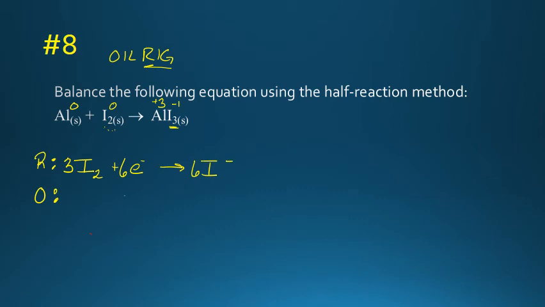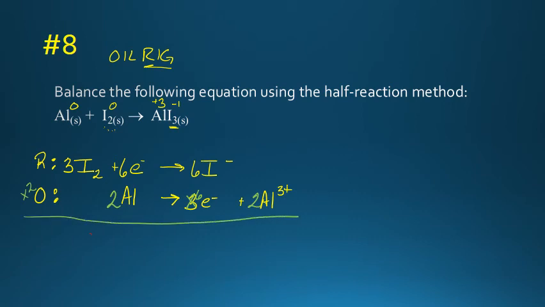Now I'm going to look at the oxidation half. And in this case, that would be aluminum. And aluminum then lost how many electrons to become the aluminum ion? Well, that would be 3 electrons. Unfortunately, we can't add these two half reactions like this because the electrons won't cancel out. But if I multiply everything here times 2, that gives me 2 aluminums, 6 electrons, and 2 aluminum ions, then I'm ready to add it up.